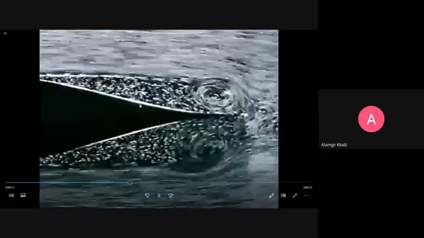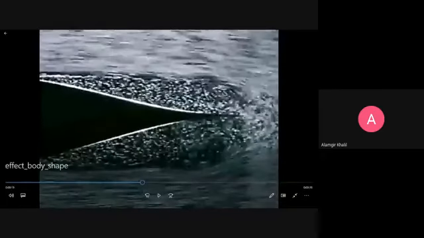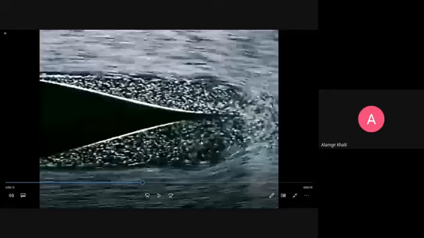There is no separation. Clear? But if we change the shape and the body is curved, you can see here the separation point, and the boundary layer has separated here. You can see recirculation will occur. And what will be the effect of this? The drag force will be increased on this body.